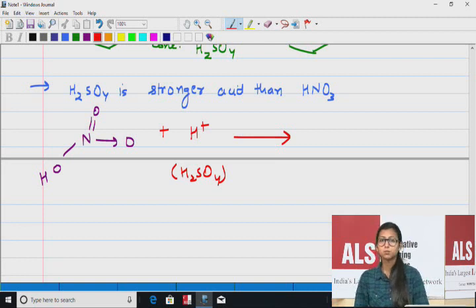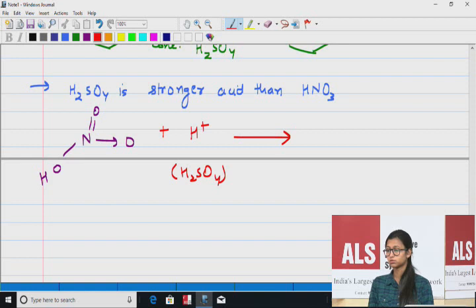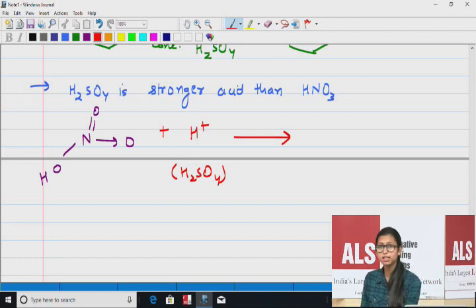What will the H plus do? Think about it. If we have the H plus ion, what will happen this time? Just apply the concept. You know that H plus wants the electron, so where will the H plus go? Definitely it will go towards the oxygen, okay, because oxygen has the lone pair.